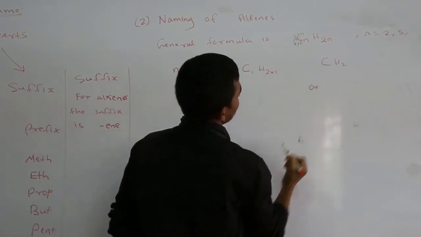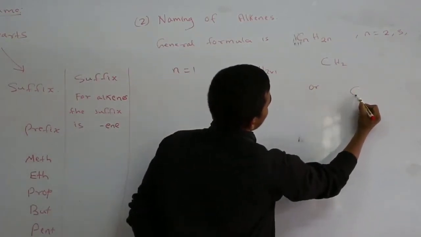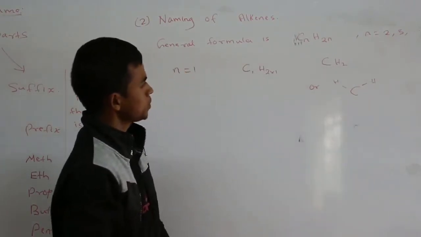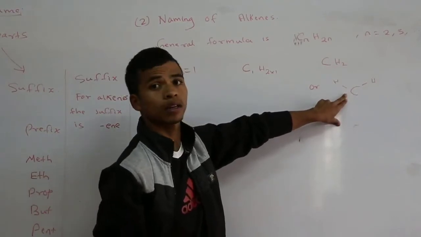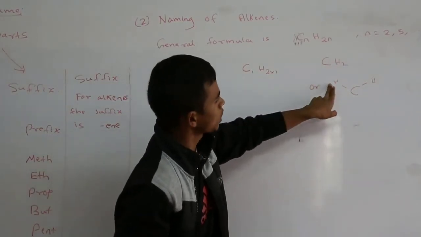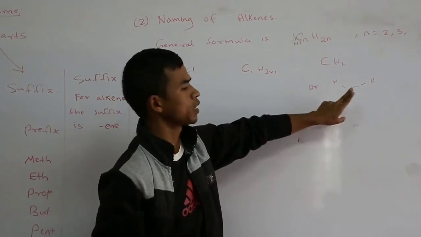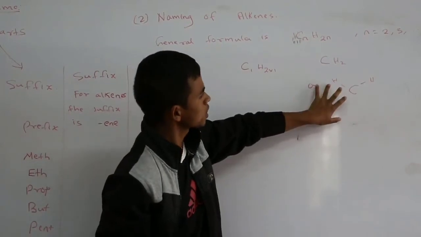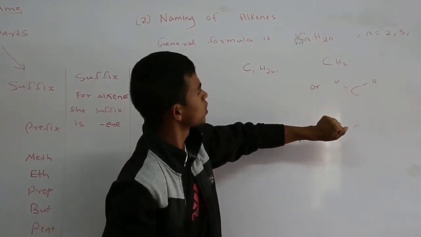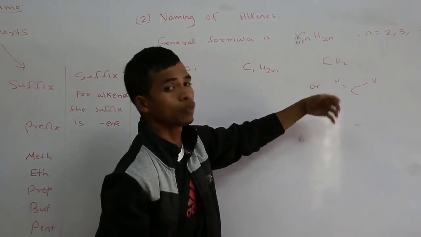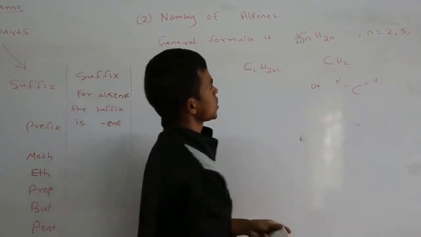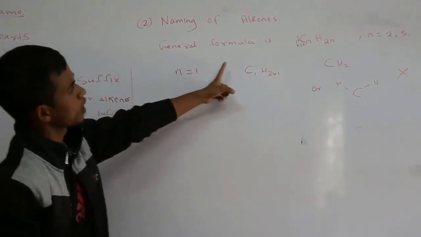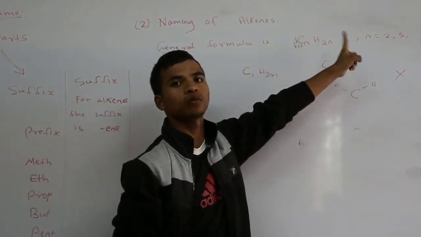If we write this in the structural formula, it will be C with H and H. As you can see, the valencies of carbon are not satisfied, and hydrogen cannot form a double bond with carbon. Hydrogen can only form a single covalent bond. So in this case we don't have the double bond, so it is not in the category of an alkene. So that's why this is not possible here. So for alkenes, the general formula is this, and n starts from 2.